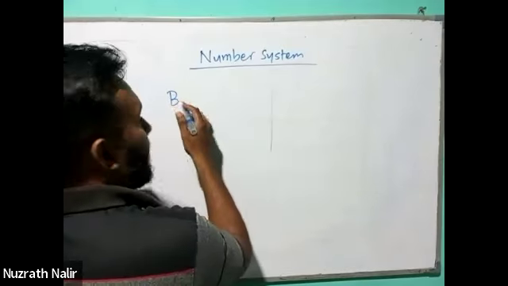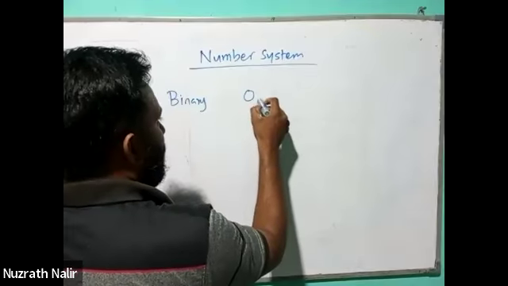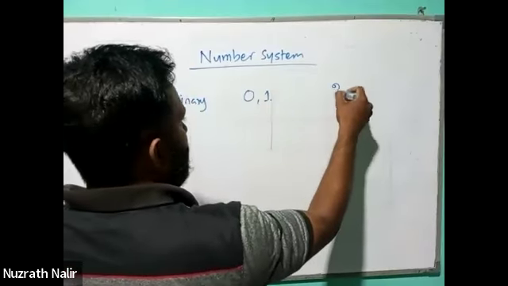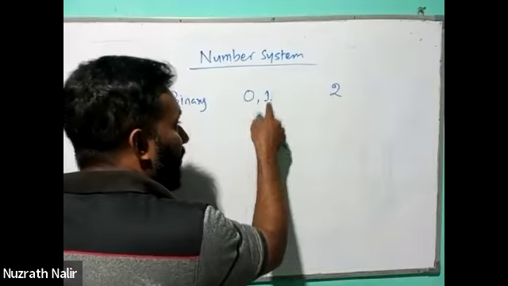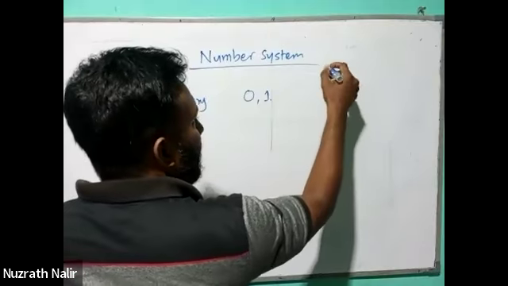So this is called number system, binary. How many digits are there? 0, 1. Base 2. Why? Because 0 and 1, how many digits are there? 2. That's why we call the base 2.